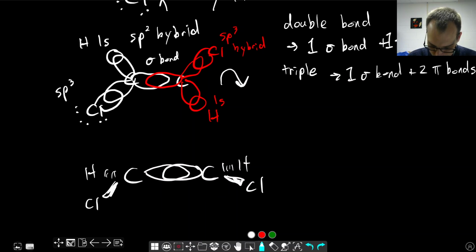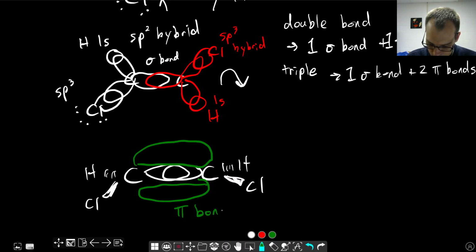Just to make it a little bit clearer and not have too many lines, I'm going to draw, let's use green, our pi bond forming above and below. This is going to have 2 electrons in it, and they're both above and below. They're not moving back and forth between it. This is like a p orbital.